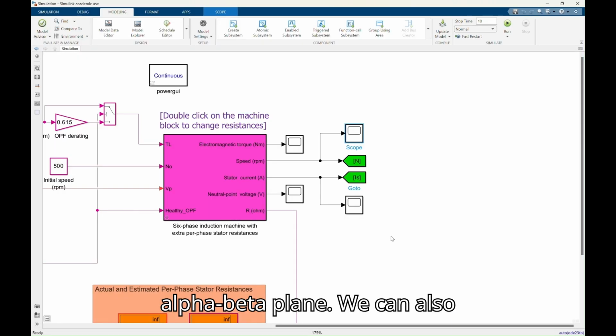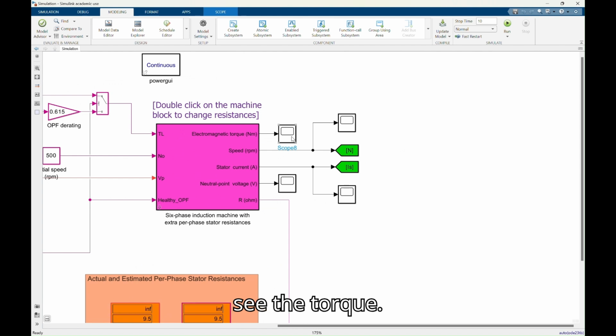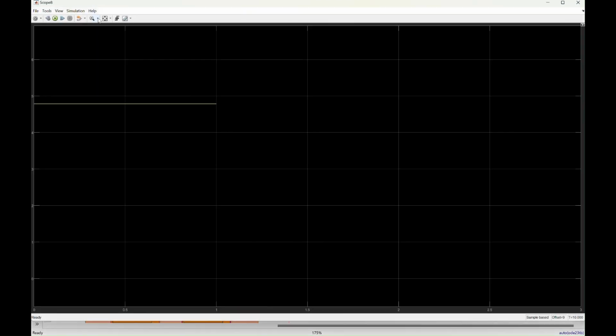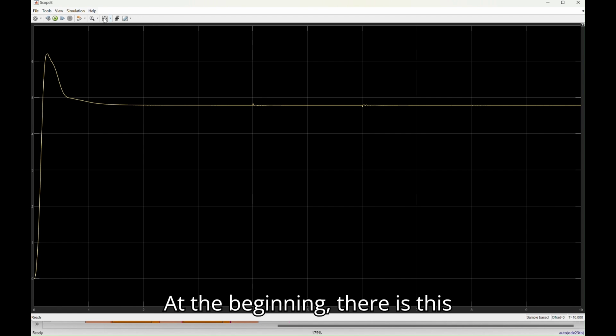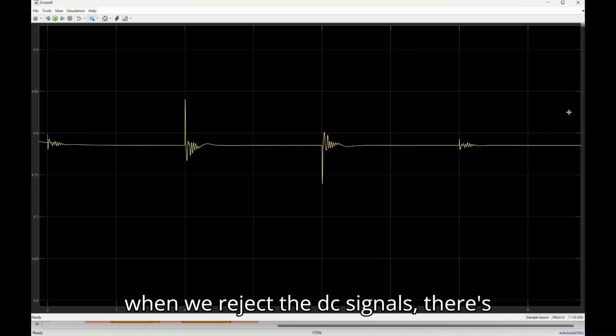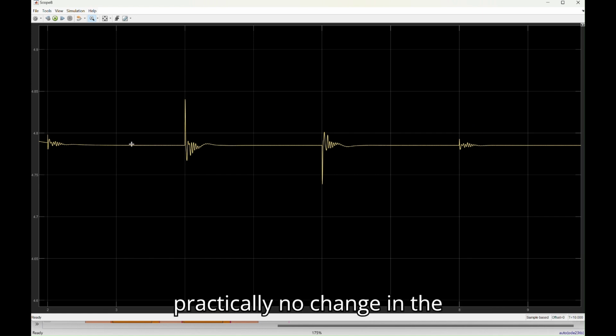Okay, we can also see the torque. So yeah, at the beginning there is this transient, of course, because the control has to make the torque of the machine match the load torque. But most importantly, when we inject these signals, there's practically no change in the torque.